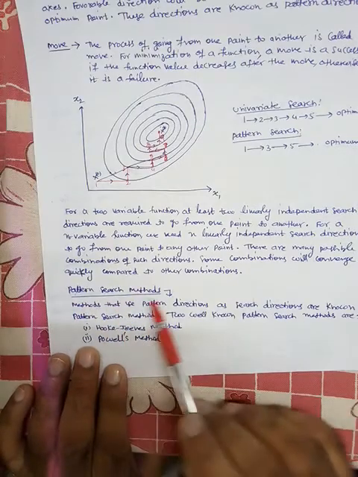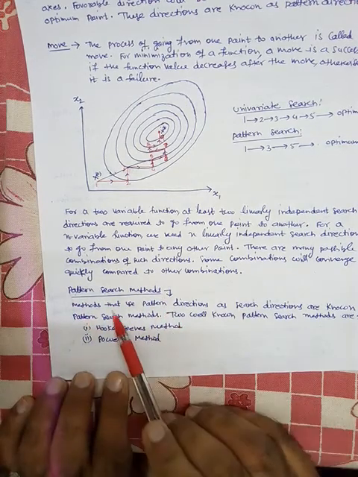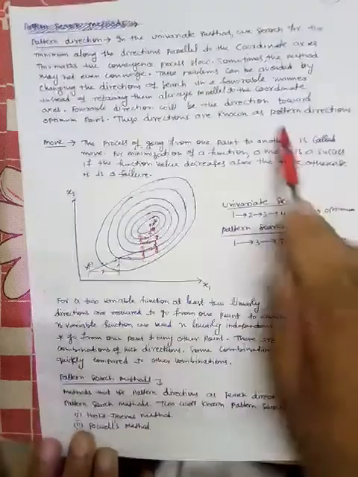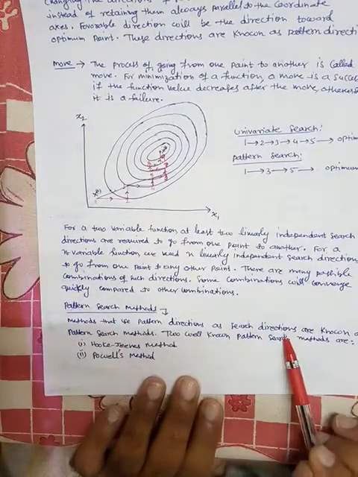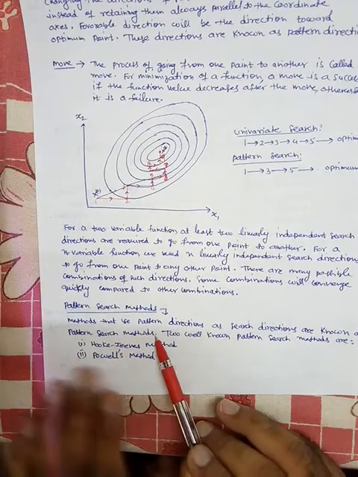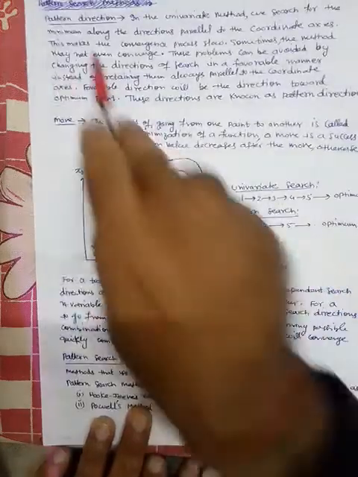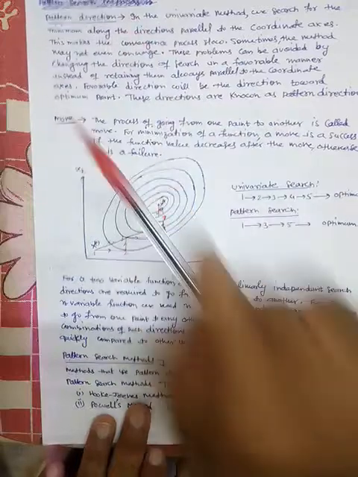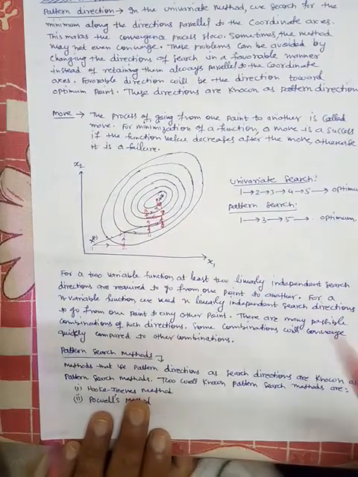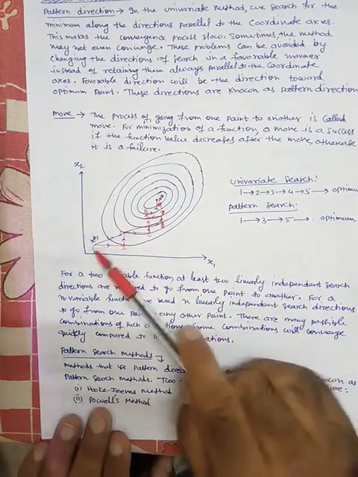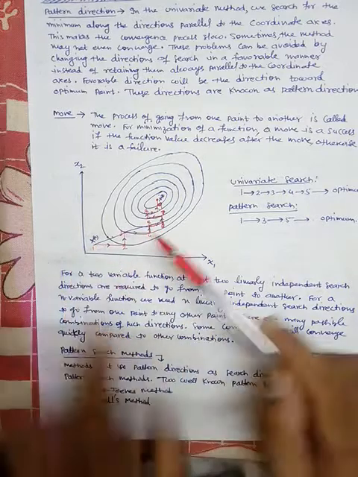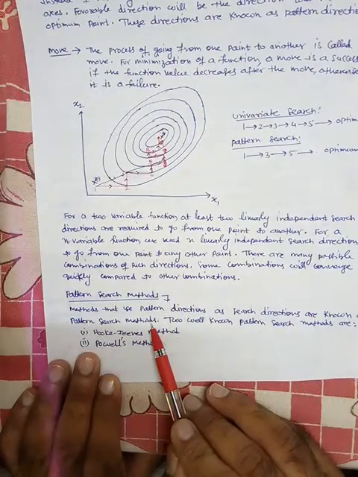Now pattern search methods that use pattern direction as search directions are known as pattern search methods. यानी जो मेथड पैटर्न डायरेक्शन का यूज करेंगे, यानी फेवरेबल डायरेक्शन में मूव करेंगे ऐसे डायगनली, those are known as pattern search methods.